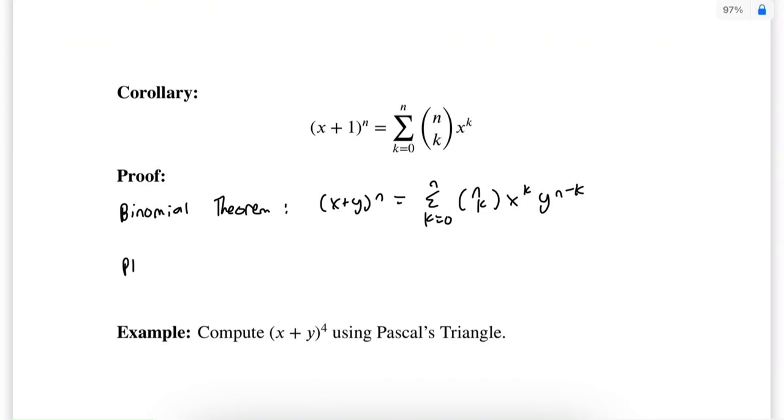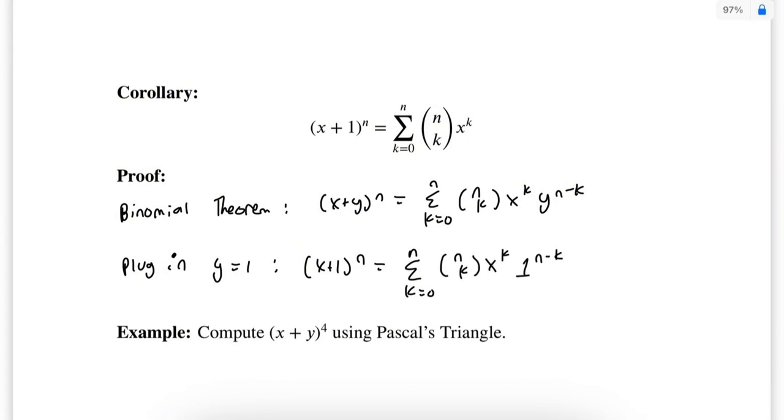If we just plug in y equals 1, what do we get? Well, we get x plus 1 to the n equals the sum from k equals 0 to n of n choose k, x to the k, 1 to the n minus k, which is just 1, so this is just x to the k.